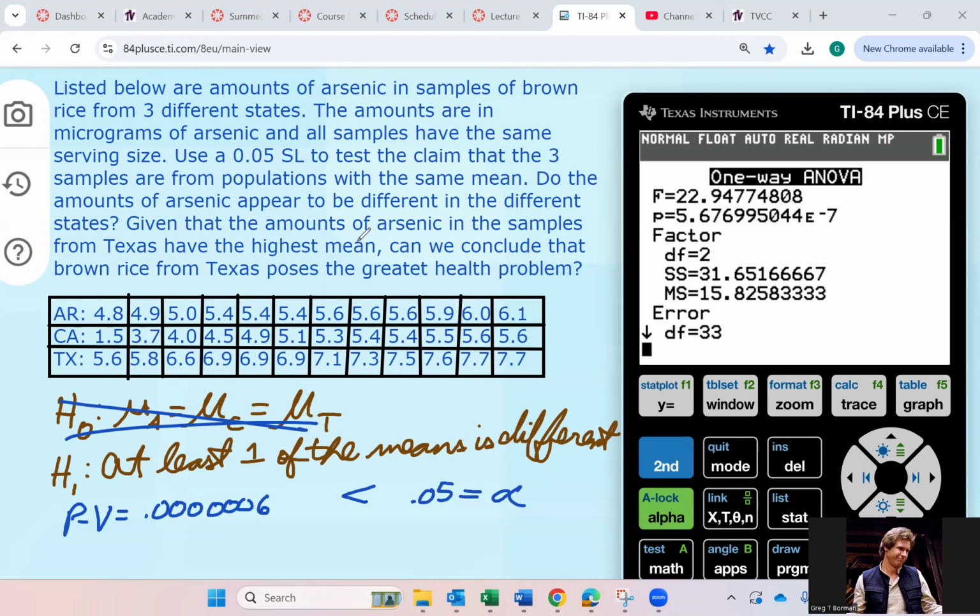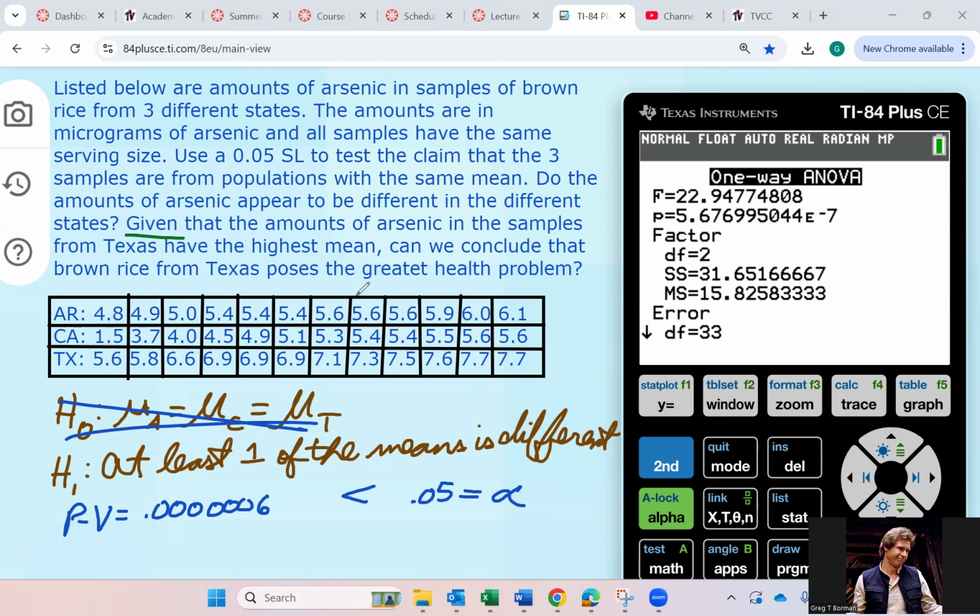Now the follow-up questions. Do the amounts of arsenic appear to be different in the different states? Yes, they do appear to be different, because the means are not the same. Then we get into a more subtle question.